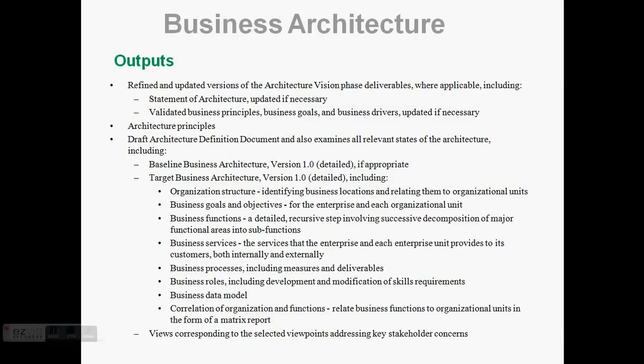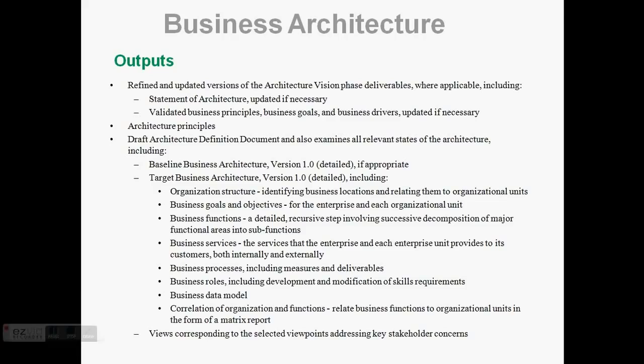It includes a target business architecture that in turn includes the organizational structure, business goals and objectives, business functions, business services, business processes, business roles, business data models, and collections of organization and functions relating business functions to organizational units in the form of matrix reports.